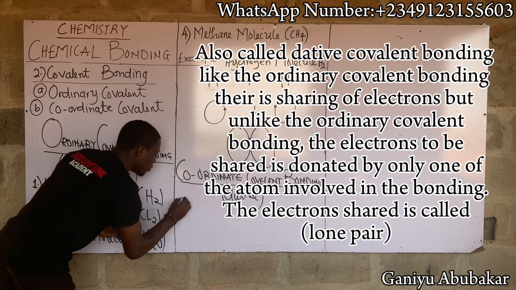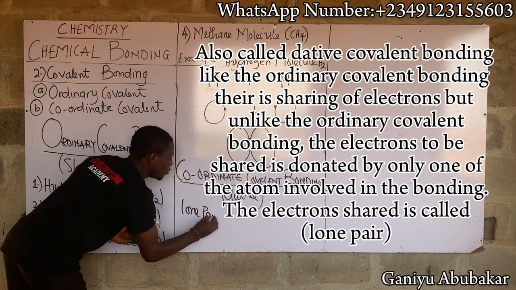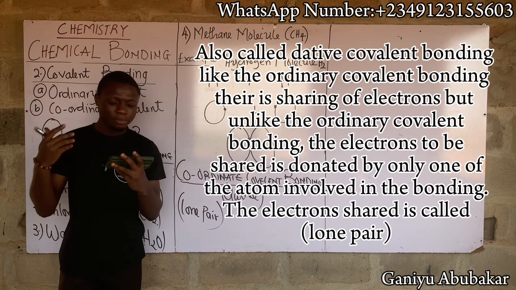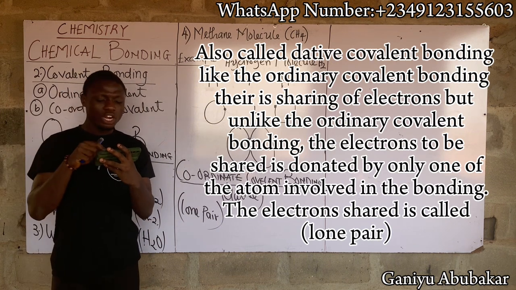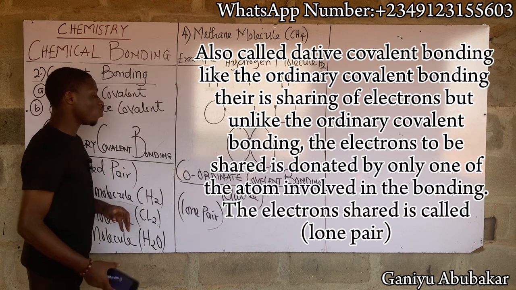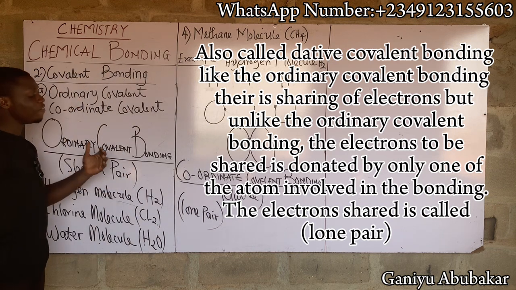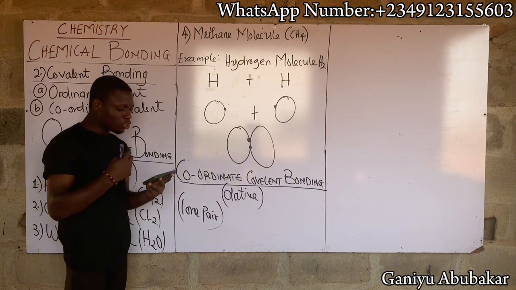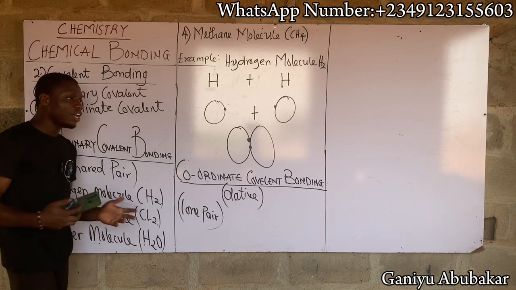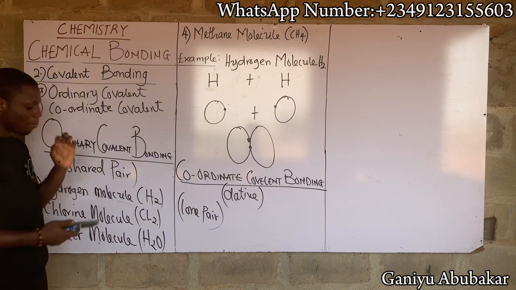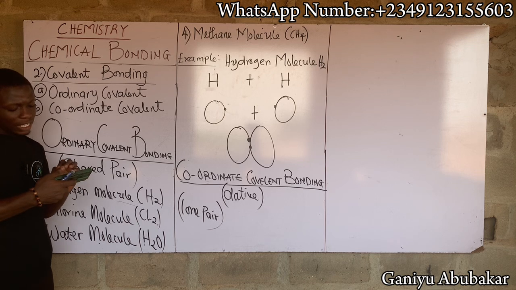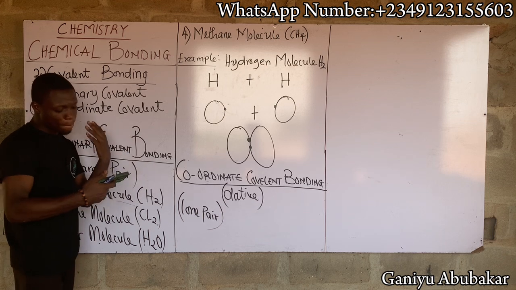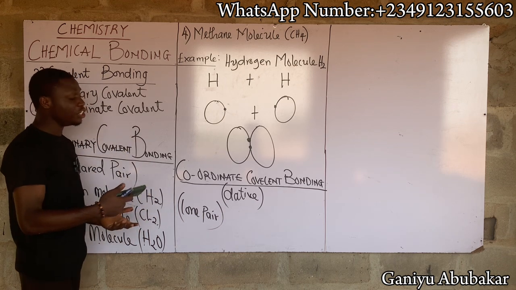So the electron shared here is called what? The lone pair. That is, when it comes to coordinate covalent bonding, I can also call it dative bonding, right? The electron to be shared is donated by only one of the atoms involved in the bonding, right?